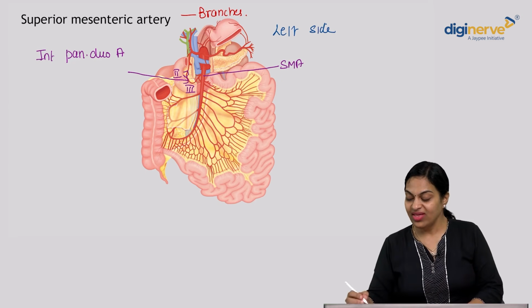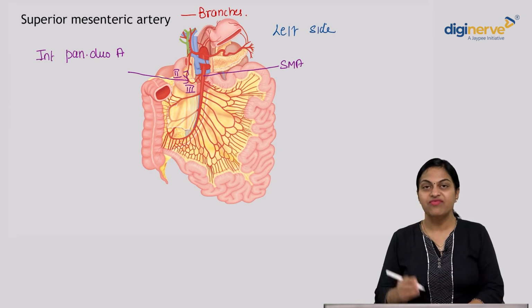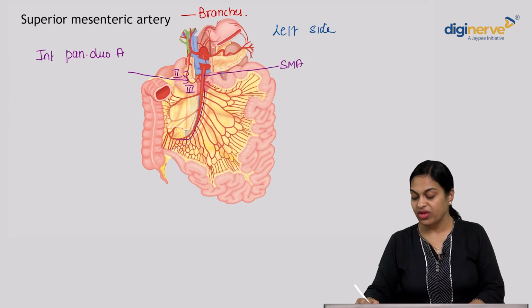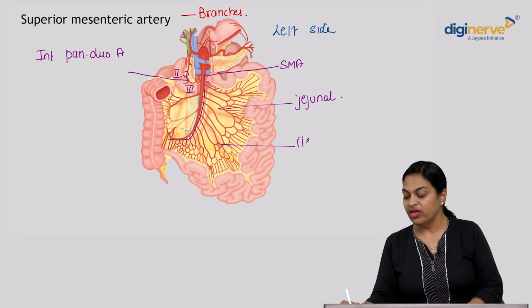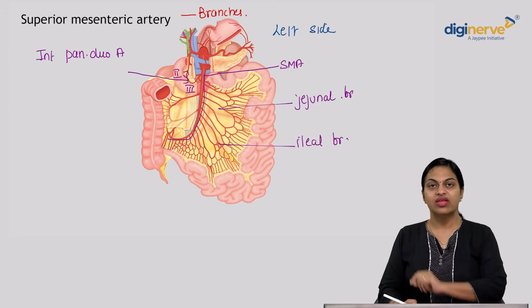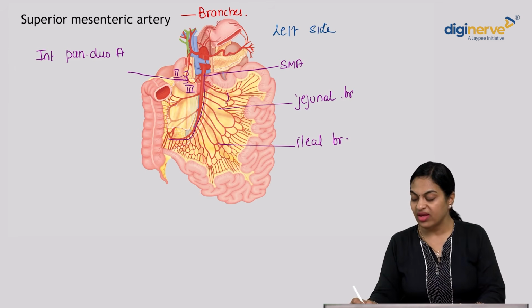And then, from the left side of the superior mesenteric artery, which is convex, it gives rise to branches to supply the jejunum and ileum. They are called the jejunal and ileal branches. These jejunal branches form arterial arcades.